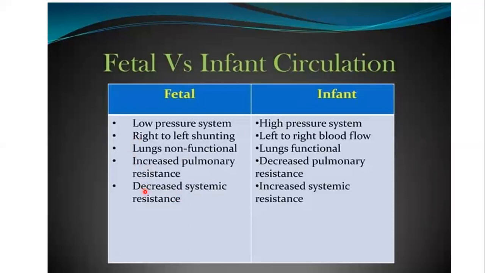But during the infant or neonatal period, or transition, it becomes a high pressure system, because the lung has expanded and the lung becomes the low pressure system. The lung is now functional, and the diversion has to stop.